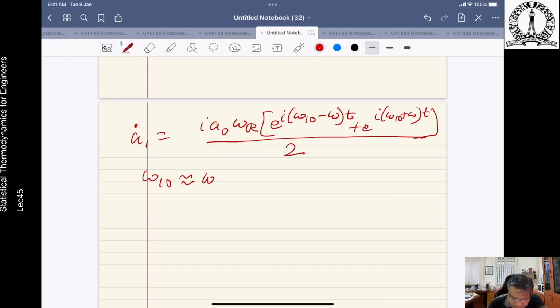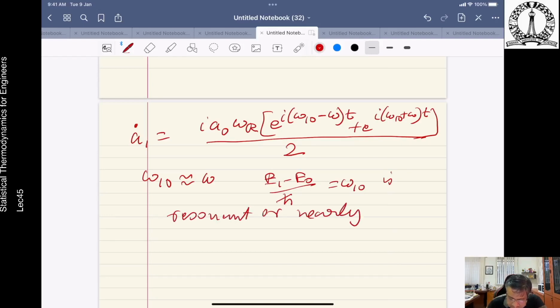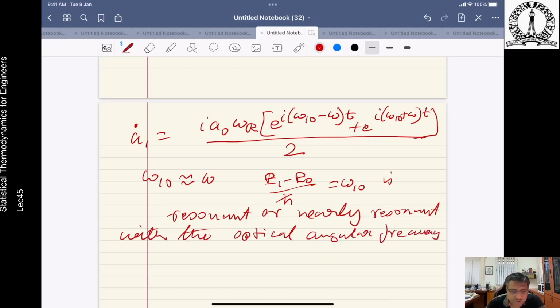So basically what we are trying to say is that E1 minus E0 by h bar, which is equal to omega 10, is resonant or nearly resonant with the optical angular frequency omega equal to 2 pi nu.